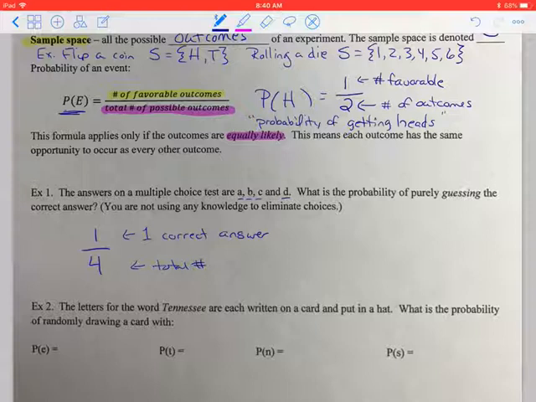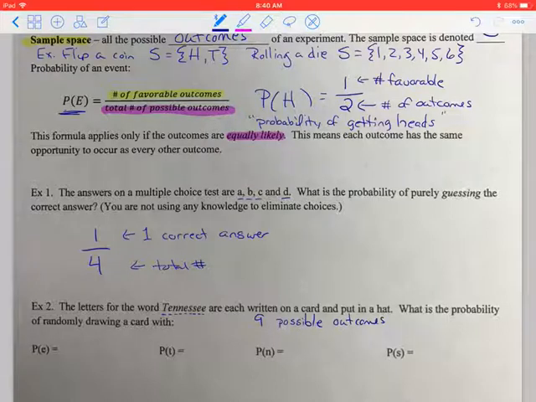Let's look at the second example. The letters for the word Tennessee are each written on a card and put in a hat. One card has the T, the next card has the next letter, and so on. One thing we need to do is count the letters: 1, 2, 3, 4, 5, 6, 7, 8, 9. So there are 9 cards, which means 9 possible outcomes.